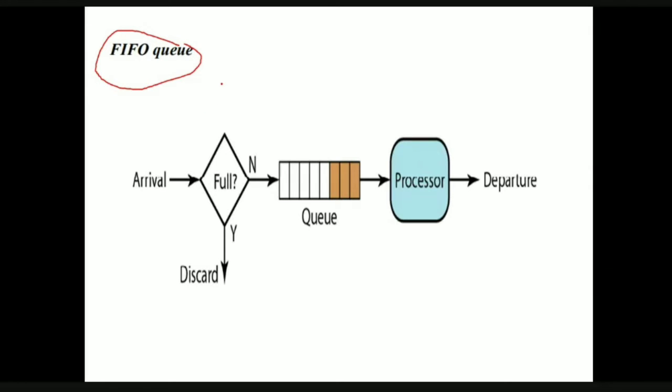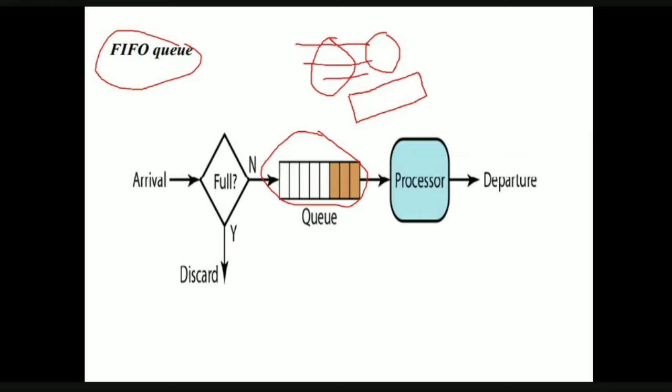Here the packets wait in a buffer or a queue. This is our queue. The packets wait in the buffer until the router is ready to process them. So this is our router, and packets are coming through the incoming flow and waiting in the buffer until the router processes them.